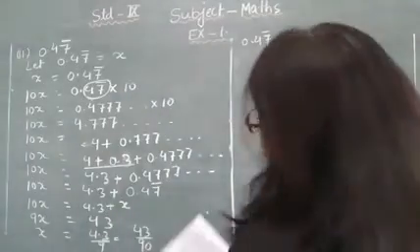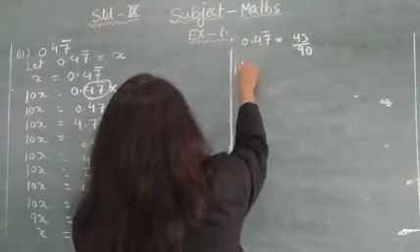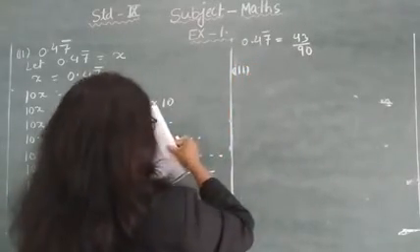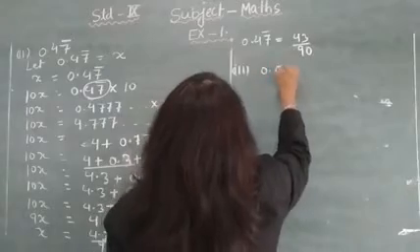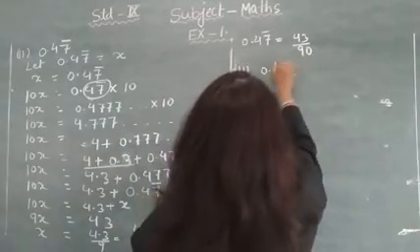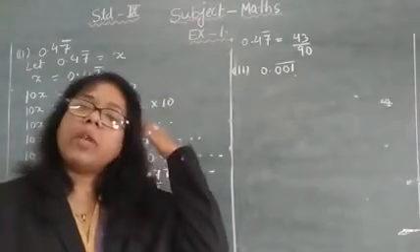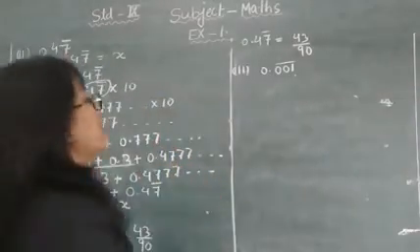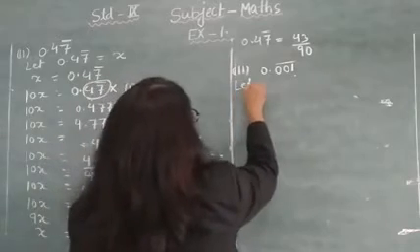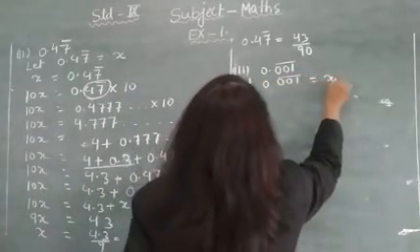Now come to the next one. What is the next one? The third one is 0.001, and recurring is on these 3 numbers. Recurring on 3 numbers, so multiply it by 1000. So let 0.001 recurring be equal to x.